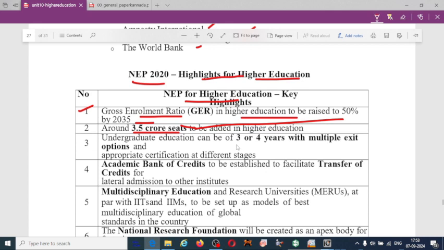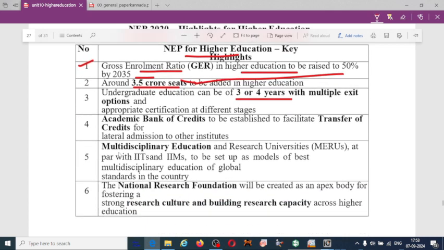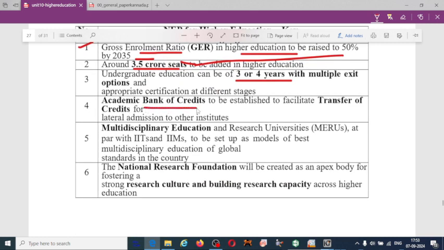Undergraduate education can be 3 to 4 years with multiple exit options. Academic bank of credits, transfer of credits, multidisciplinary education, research universities, IITs, IIMs to be set up as models for best multidisciplinary education of global standards.